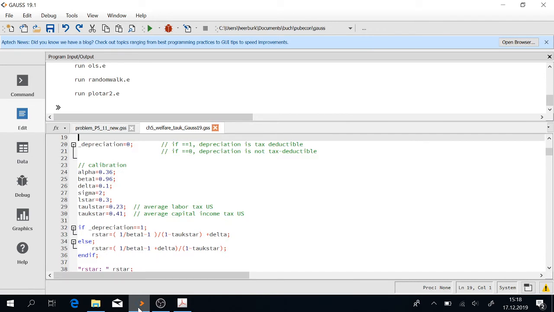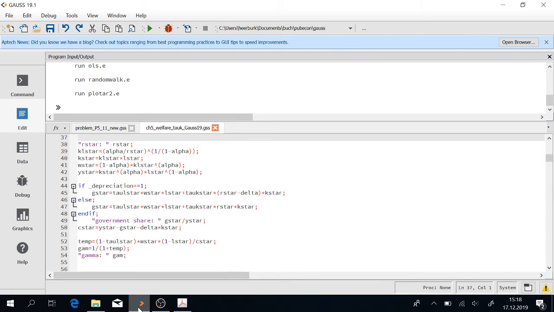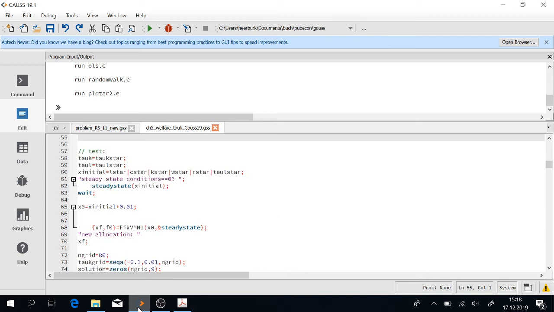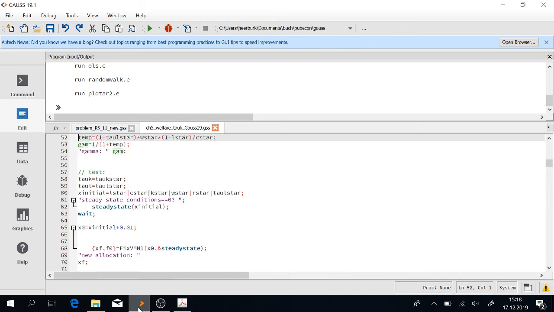So let's go back into our Gauss computer program. What changes do we need to implement in chapter 5 for tau k.g in order to compute this new equilibrium with lump sum transfers? Well, we just copy the calibration, which is carried out in the first 55 lines. The steady state we just computed, and find out, well, it's fine.